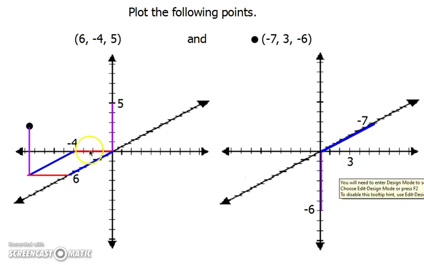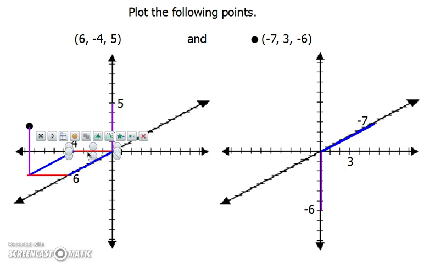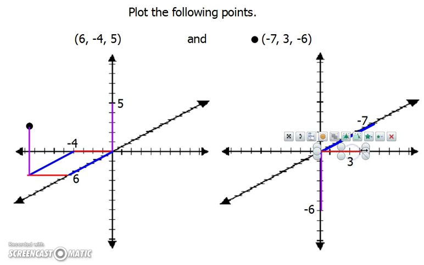And then finally, I also need a measurement on the y-axis. So I'm going to move my red line here to create 3 units to the right on that y-axis. Now, what I need to do is not do those all separately. So I need to travel both 3 units right and 7 units backwards, right? Negative 7 on the x-axis.